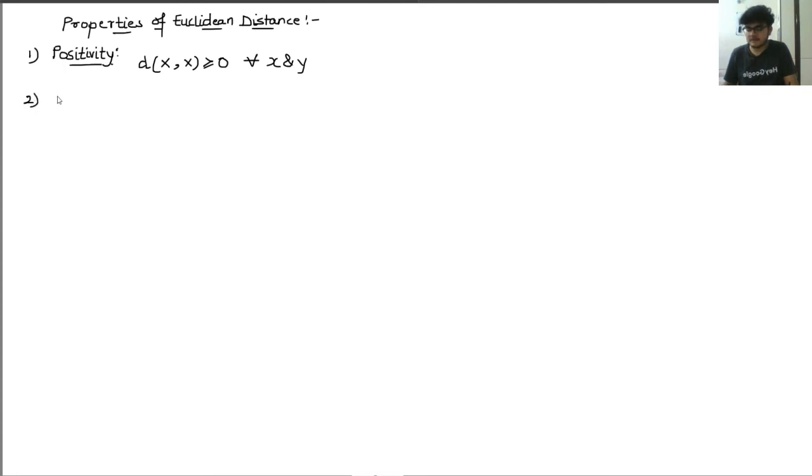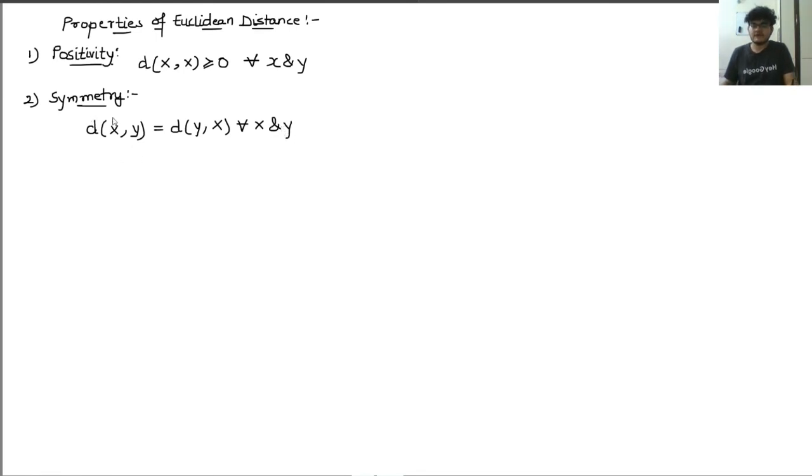Now the second property is the symmetry. The symmetry property says that the distance from a point x to a point y is always equal to d(y, x) for all values of x and y.